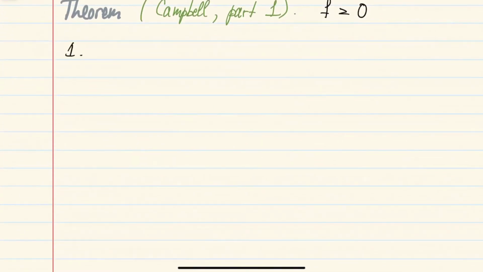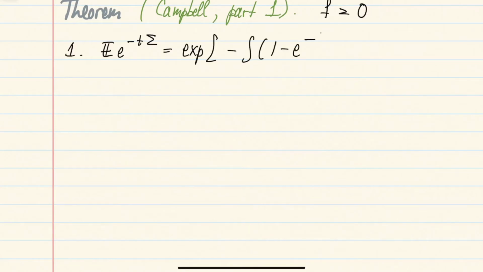First, we will calculate the Laplace transform above, and we'll see that it will be given by exponential of minus the integral of 1 minus e to the minus t f of x with respect to our mean measure mu of x, for all non-negative t.